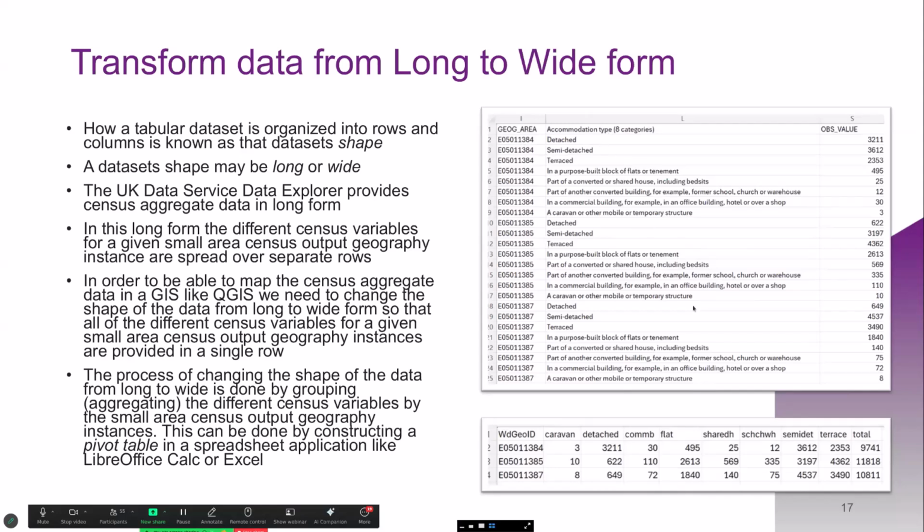If you had the data in a relational database, then you could write SQL to do something different. Or if you're using Python or R with pandas, you could do different transformations that way. But for our purpose, in LibreOffice Calc or Excel, we will create a pivot table. And that will do that conversion from long to wide form, enabling us to map the data later in QGIS.